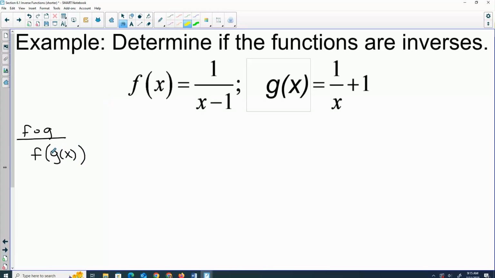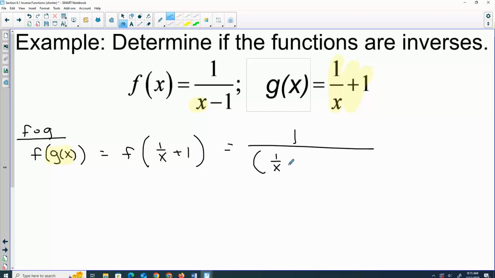So we're starting on the inside. g is 1/x plus 1. And I'm taking that and replacing the x in my f function. So f is 1/x, the thing I'm plugging in, minus 1.